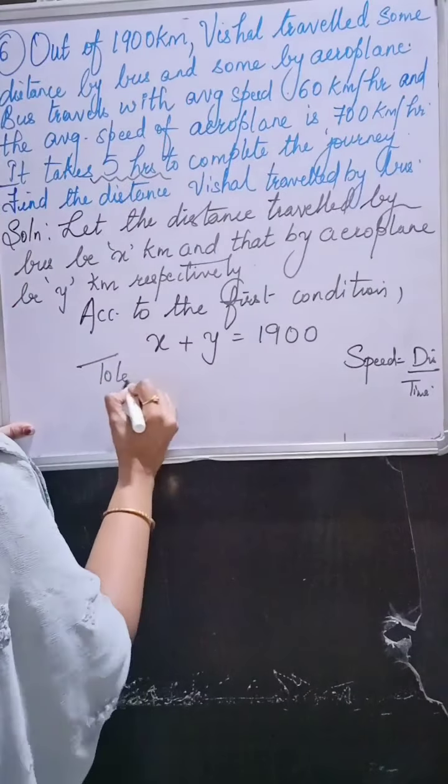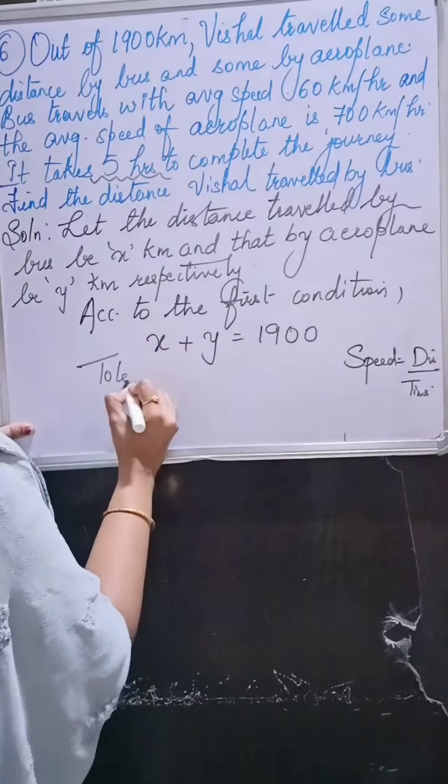Now I'll write for bus. For bus, what is the speed given? Speed is 60. Do you know the distance of bus? Just see the introduction. We took the distance covered by bus as x and time, we don't know. Total time is given as 5. Time taken by bus separately we don't know. So I'll just write t.